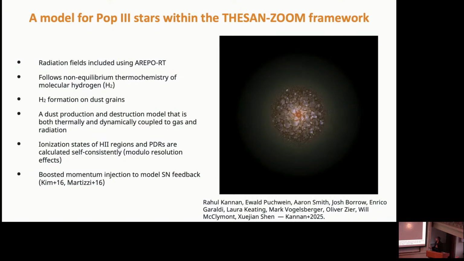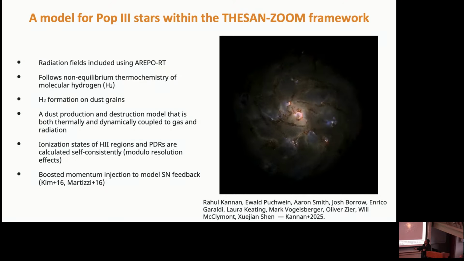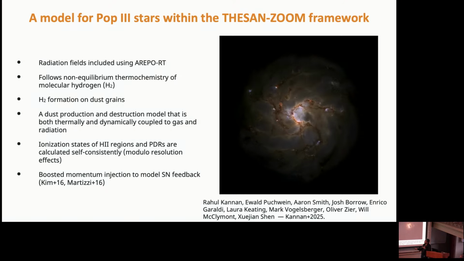So in this work, I'll try to give you one model which we have tried to implement into this Thiessen-Zoom framework, as I call it. So before implementing POP3s, Thiessen-Zoom followed a non-equilibrium thermochemistry of molecular hydrogen. Most of the H2 was forming on dust grains.